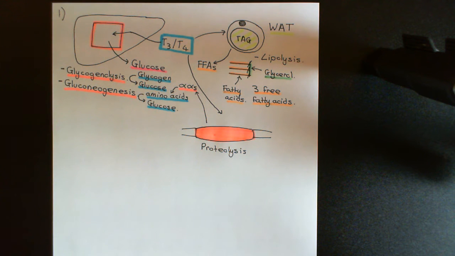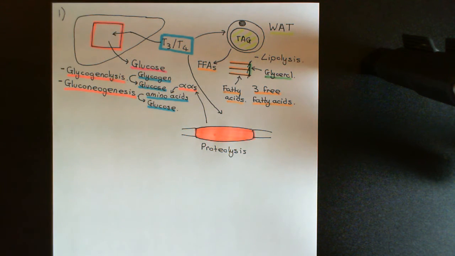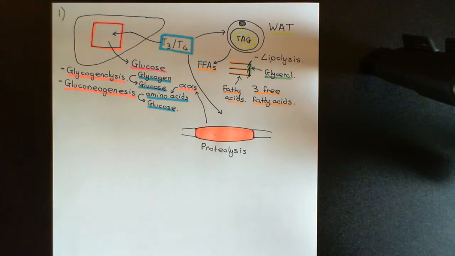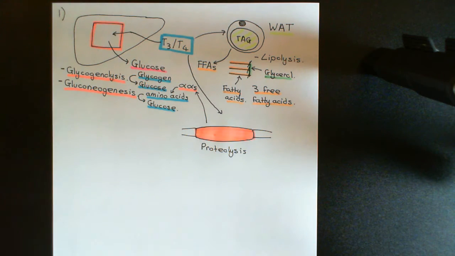Okay, now, what I want to do is just put on top of this a reminder of insulin and glucagon, because insulin and glucagon are the ones that you will be more familiar with in controlling these processes rather than T3 and T4. T3 and T4, remember, they're always there and they're always doing this. So this is, if you like, a process that is occurring in the background to glucagon and insulin.